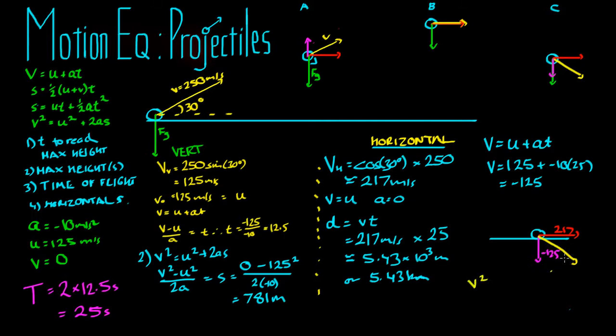V squared, that yellow, is given by 217 squared plus negative 125 squared. Therefore, V is equal to the square root of 217 squared plus 125 squared. Actually, it's plus negative 125 squared. That doesn't make a difference though. And V is equal to 250 meters per second, which is the same in magnitude to the velocity up here.